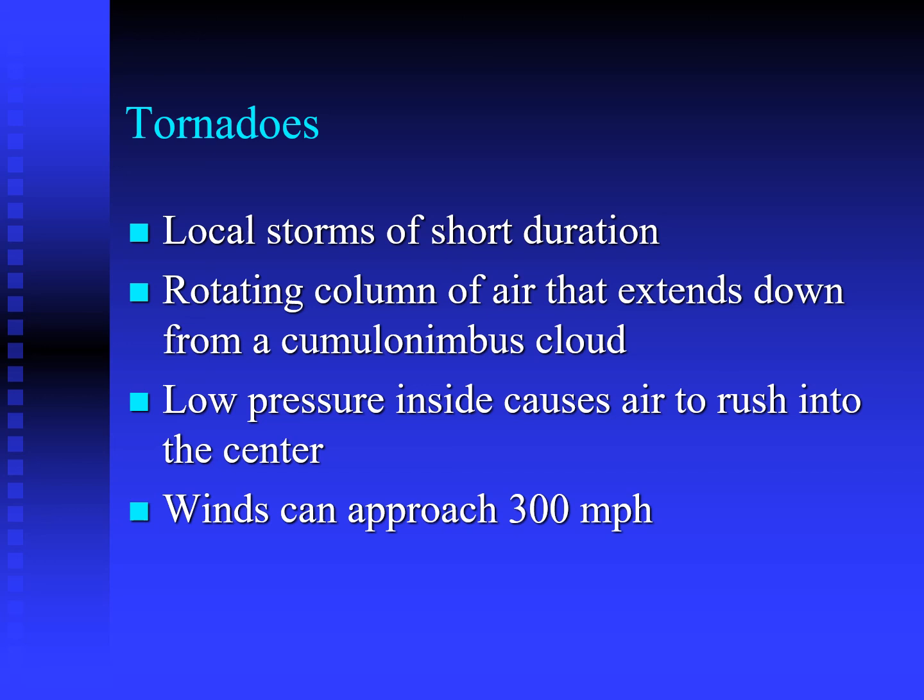So, again, our tornadoes have intense low pressure within the center, and this is causing air to move very quickly into the center. So your top wind speeds can get to as high as, I believe, about 305 miles per hour. That's if it's an EF5 tornado.